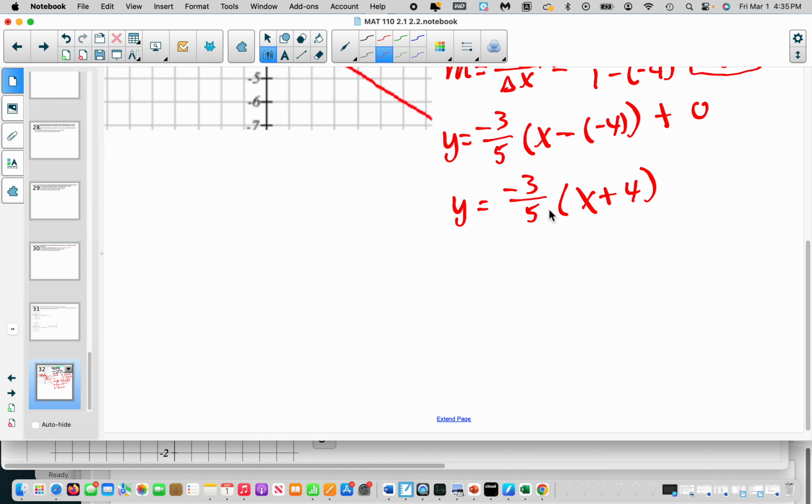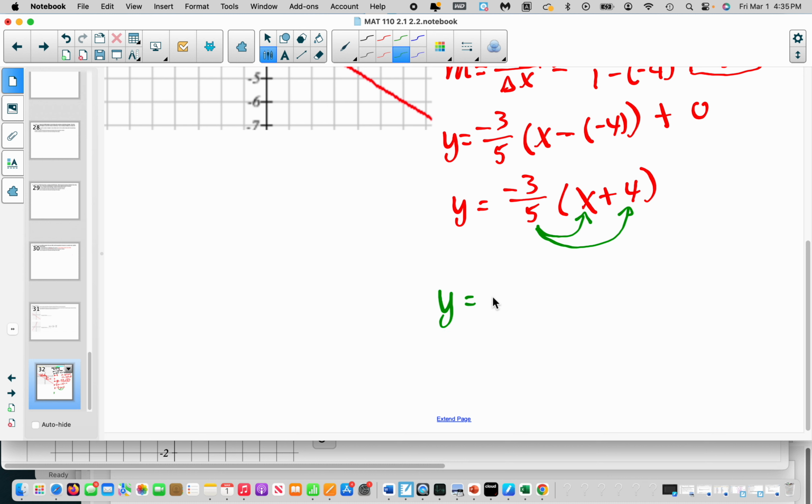I still don't quite have it in y equals mx plus b. This is where, as I said in class, sometimes you're going to have to do what the problem says. I need to distribute, multiplying that negative 3/5 times both things inside the parentheses.